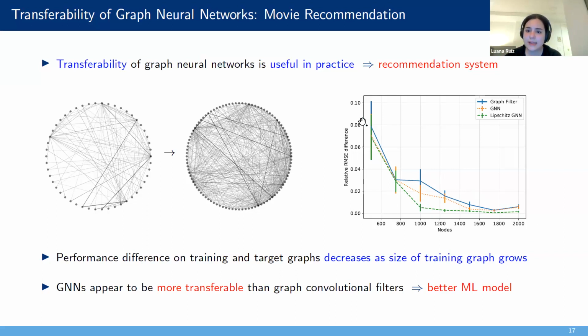And what we see is that the transferability error of the Lipschitz GNN here, which is this GNN trained by penalizing the Lipschitz constant, is lower than the transferability error of a GNN in orange that was trained without any additional penalty term. So you can definitely add penalties to control this trade-off in practice.